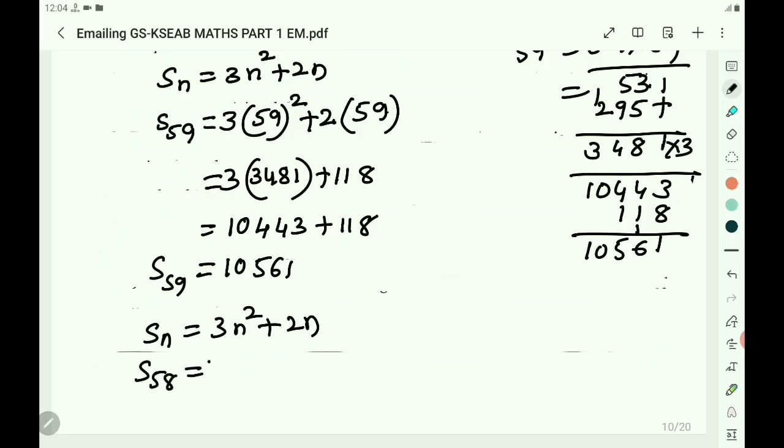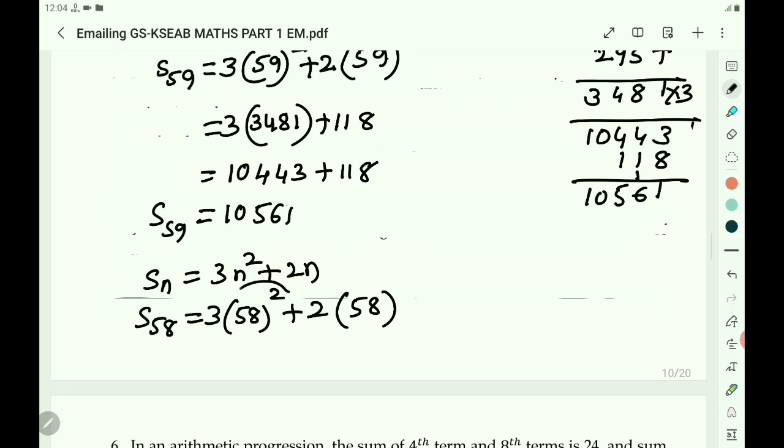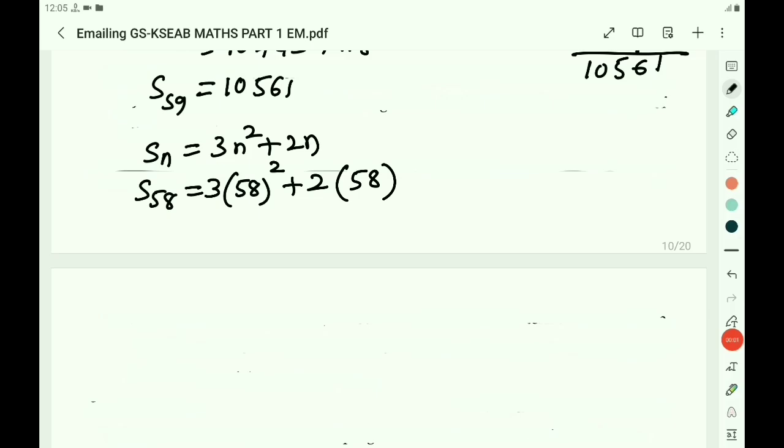S58 equals 3 into 58 whole square plus 2 into n, that is 2 into 58. Then find 58 into 58. 58 square is 58 into 58. 8 8s are 64. 8 5s are 40 plus 6, 46.